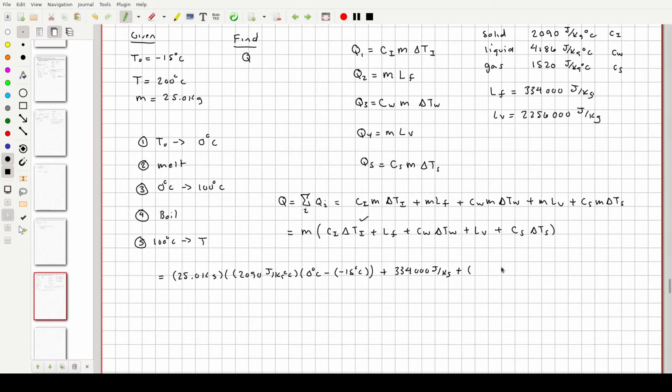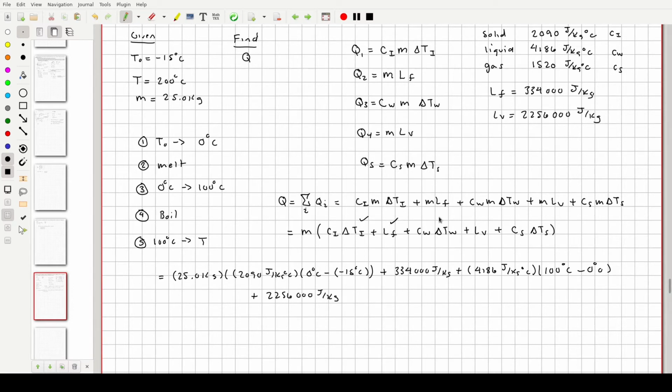The specific heat of water, 4,186 joules per kilogram degrees Celsius. We are changing our temperature to 100 degrees starting at 0. The latent heat of vaporization is 2,256,000 joules per kilogram.